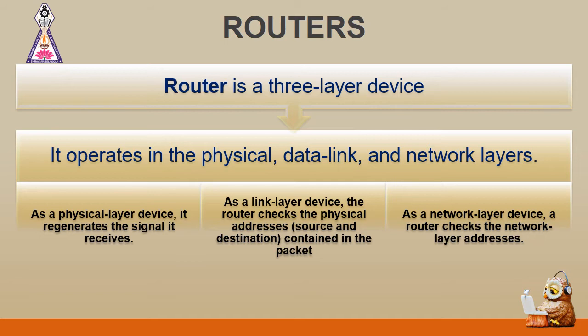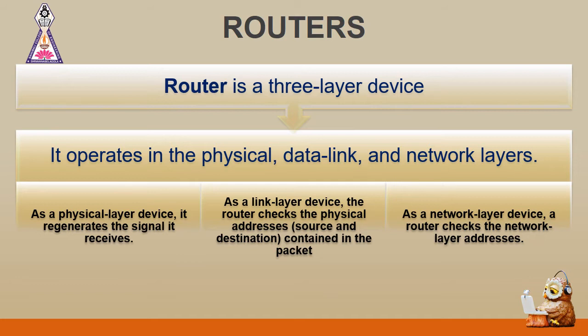The network layer can understand the logical address, or IP address, or network layer address. The transport layer is responsible for port addressing, and the application layer is responsible for application specific addressing. So here the router is operating at all three layers. At the physical layer, it acts as a hub, wherein it regenerates the signal it has received.